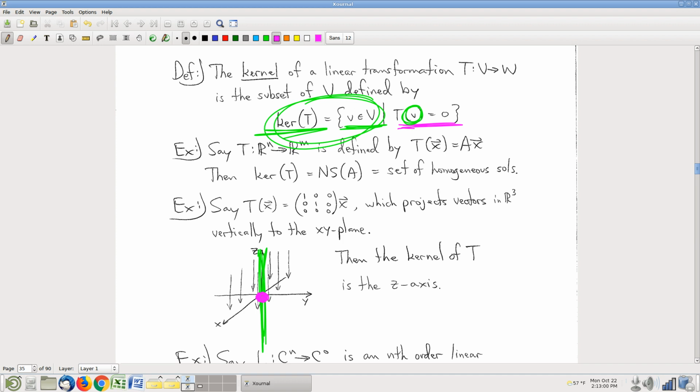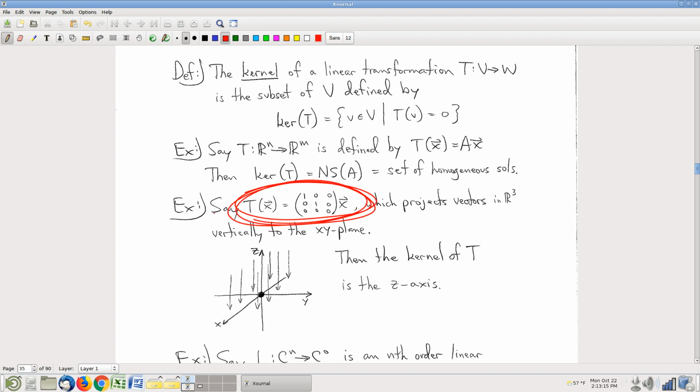Everybody on board? Okay, yep. Why is it necessarily the projection into the xy plane? Oh, that's just from the algebra of the function. Let me write that down again. So this formula, let's just multiply that out, right? This matrix times the vector x, y, z gives us, so the vector is x, y, z, right?